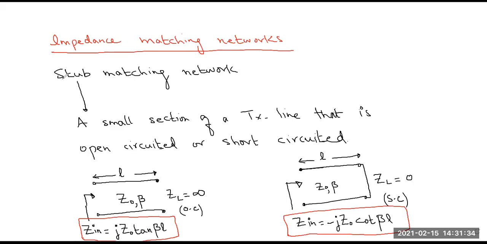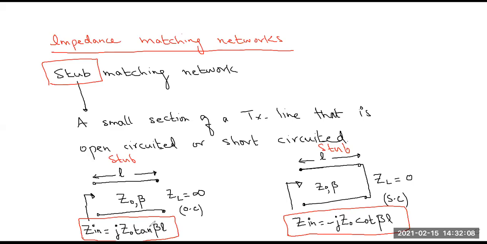What we are saying is that this circuit is a stub, and this circuit is also a stub. Looking at the equation j Z0 tangent beta l, it clearly tells us that the stub's impedance is purely imaginary, or purely reactive.